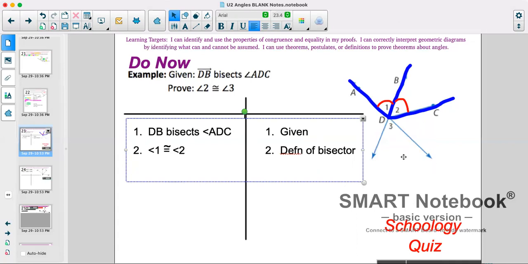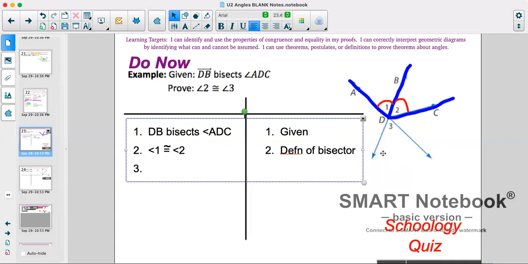And so when I'm looking at this diagram, 2 and 3 aren't a linear pair because there's another angle here. They're not adjacent angles, so they definitely can't be a linear pair. I don't know if they're supplementary. Angle 1 and angle 2 aren't supplementary. They're not a linear pair. But if I start looking a little more at angle 1 and angle 3, I do notice that they are vertical angles.